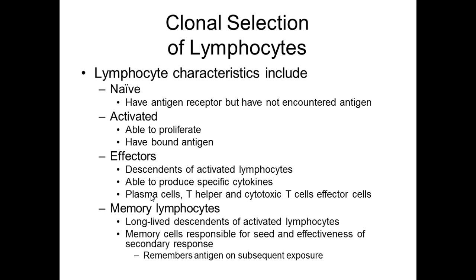And then for B cells and T cells, we're always going to produce memory cells. Whenever we've been activated, we've made effector cells, and these are long-lived descendants of those activated B cells and T cells. And as I said, these are the ones that really help us out the second time you come in contact with something.